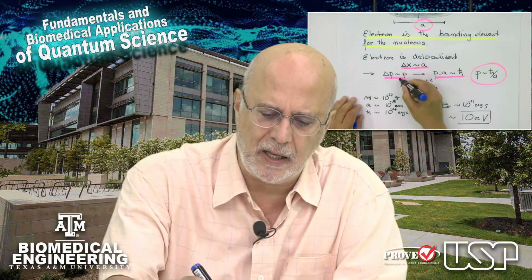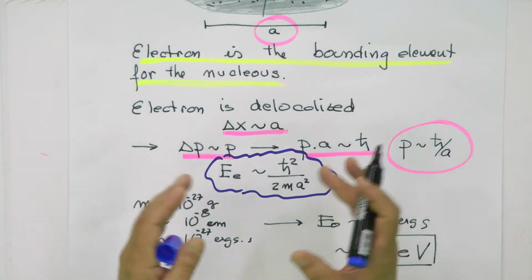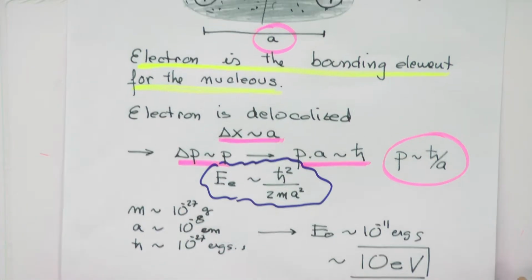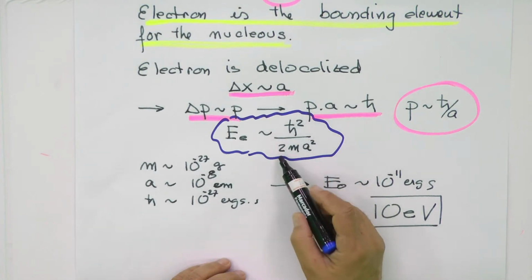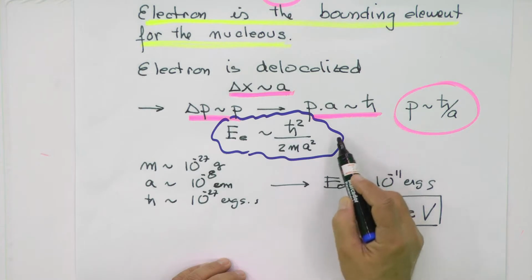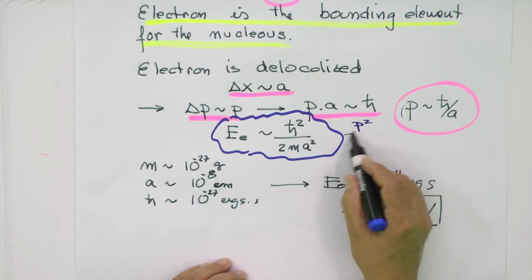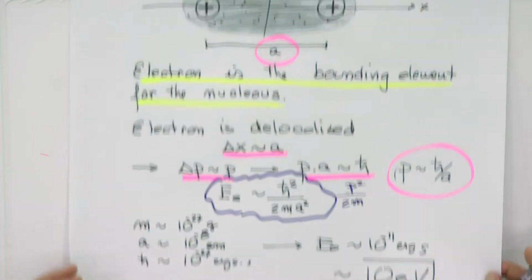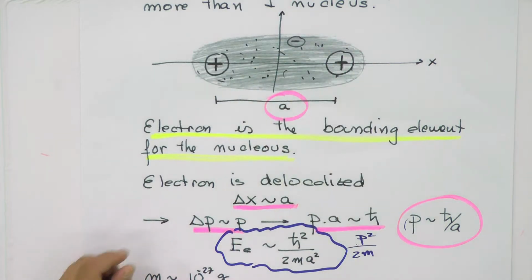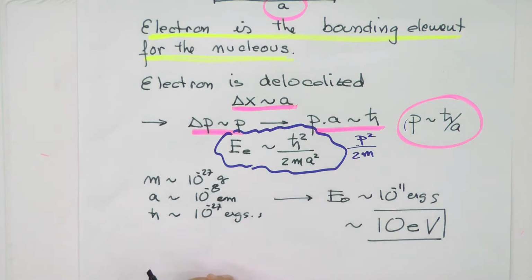So the energy of the electron in a chemical bond, or for the electron occupying this distance between the two nuclei, is on the order of h bar squared divided by 2ma squared, which is basically p squared divided by 2m. What about the electrostatic energy, the energy of the electrical interaction? Well, it's the same order. We can prove that they are of the same order. Okay, so that's the order of magnitude.